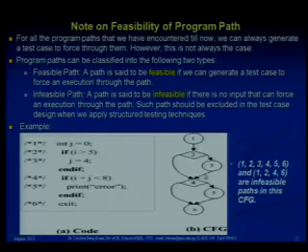From 1 go to 2, this branch, 2 to 3, this branch, that means I has to be greater than 5. You have to identify I which is greater than 5.